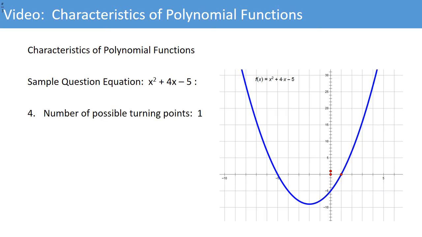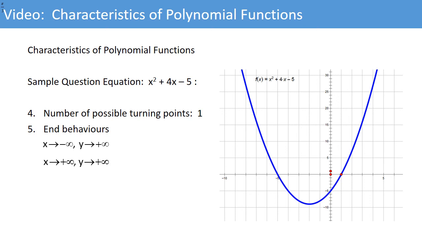The number of possible turning points, 2 minus 1 is 1. The end behaviors, as x approaches negative infinity, y approaches positive infinity.